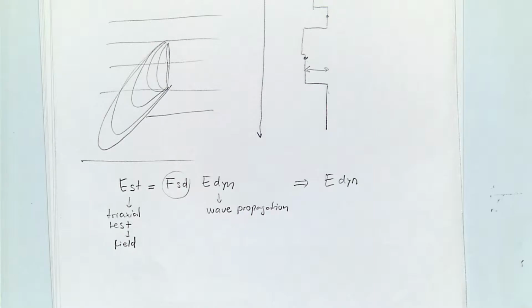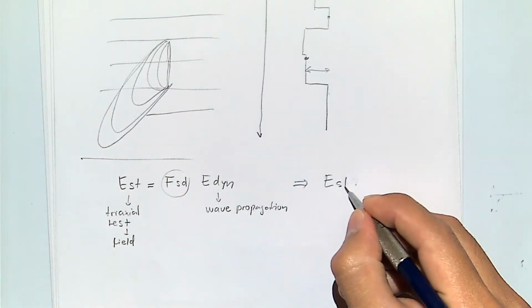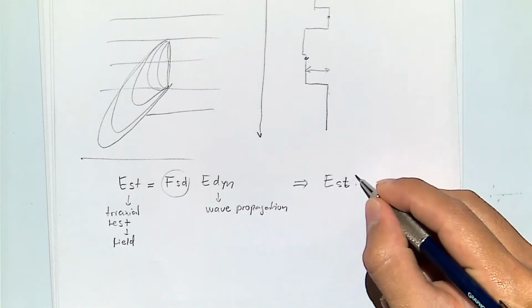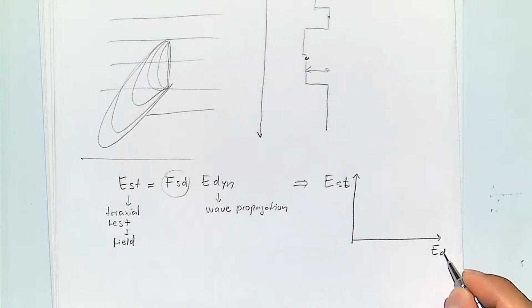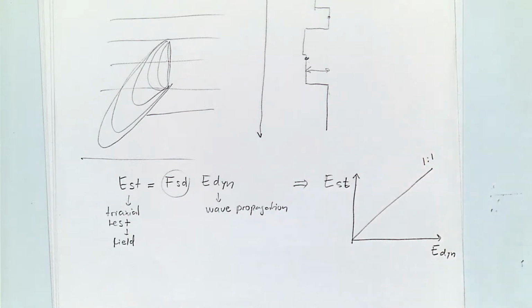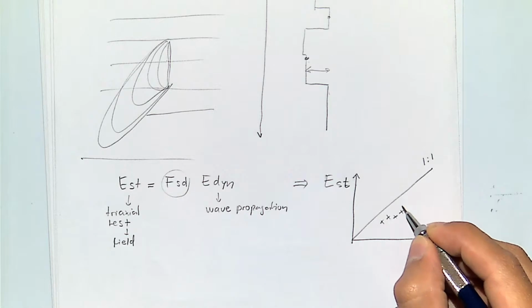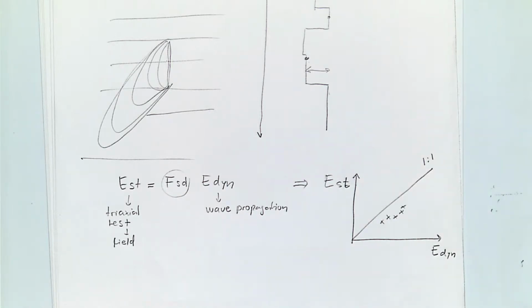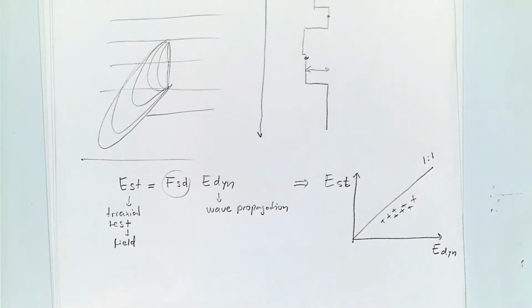So let me change this. If I were to plot static Young modulus versus dynamic Young modulus, and if I had a line that was 1-to-1, usually you will find that for a given phase of a rock, you will have some variations, but these points are always going to be in a trend which is lower than 1-to-1.